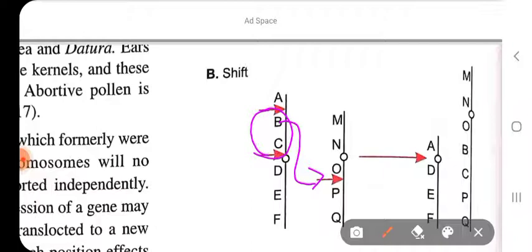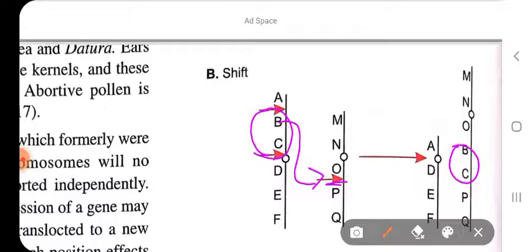The other non-homologous chromosome also has a break inside, and the intercalary segment is inserted there. So here you can see that region has been filled by this BC segment from the previous non-homologous chromosome.